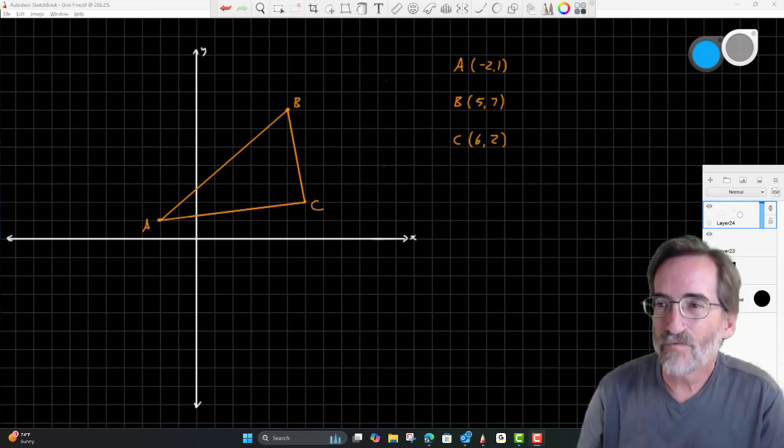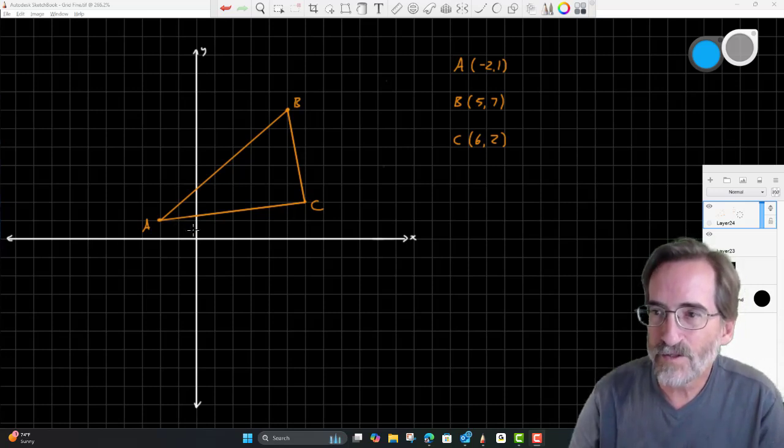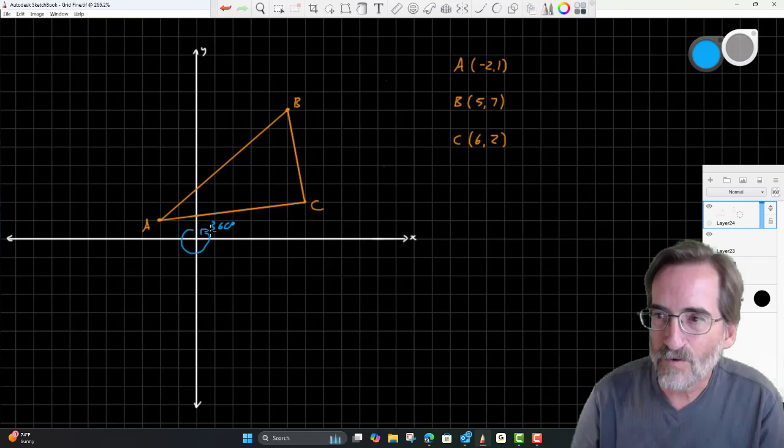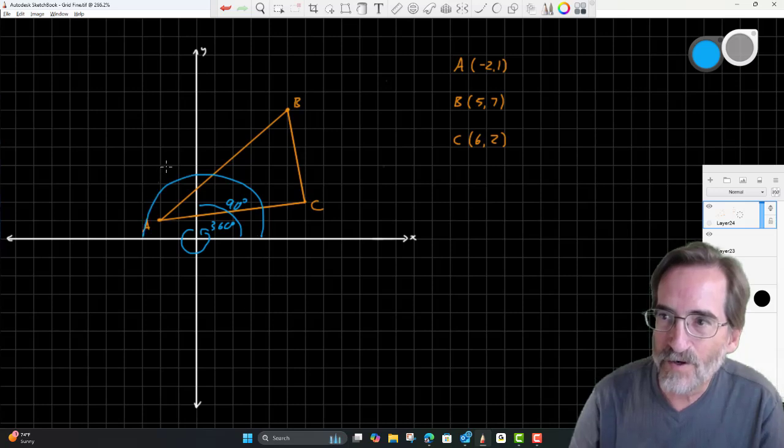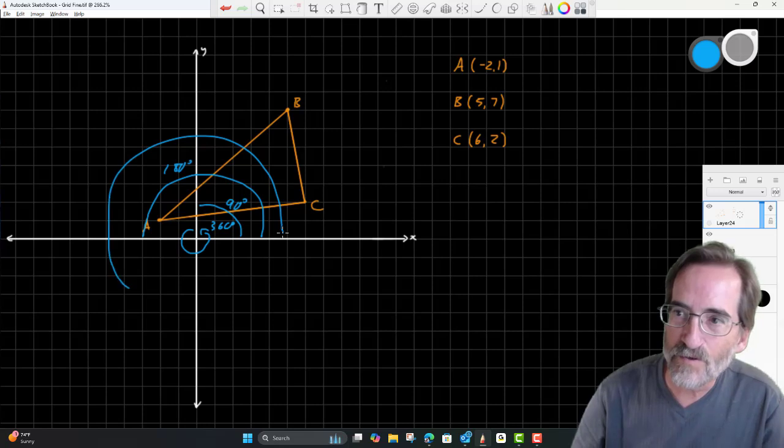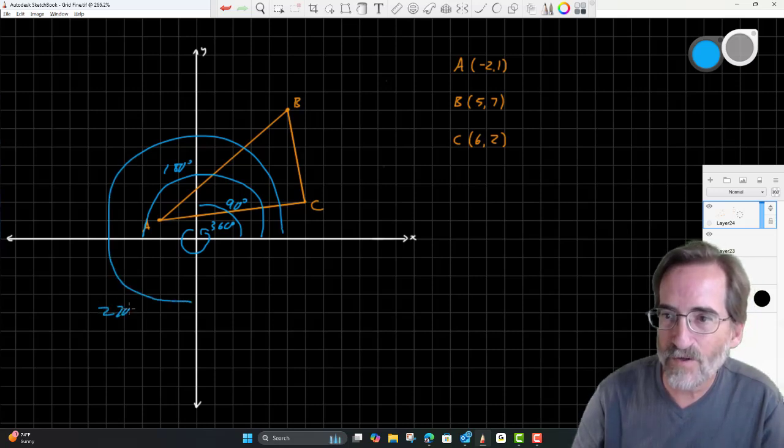As you recall, a full circle has 360 degrees. So 1/4 of a circle is 90 degrees. 1/2 of a circle is 180 degrees. And 3/4 of a circle is 270 degrees.